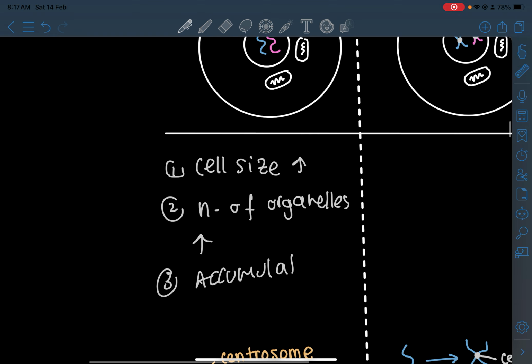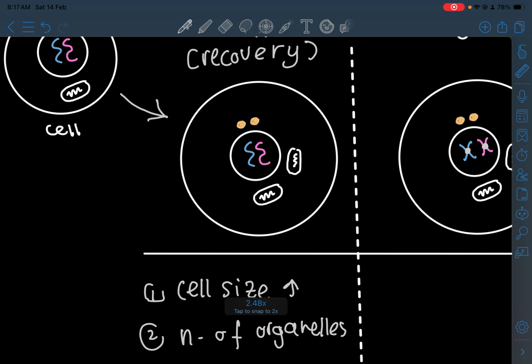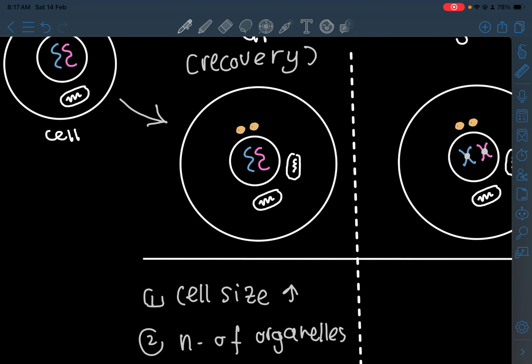What are the DNA raw materials? Well, we remember that DNA is made up of pentose sugar, phosphate groups, and then a nitrogenous base, ATCG. So during this time, the cell will accumulate this DNA raw material. For example, they want to accumulate ATCG, the nitrogenous bases.